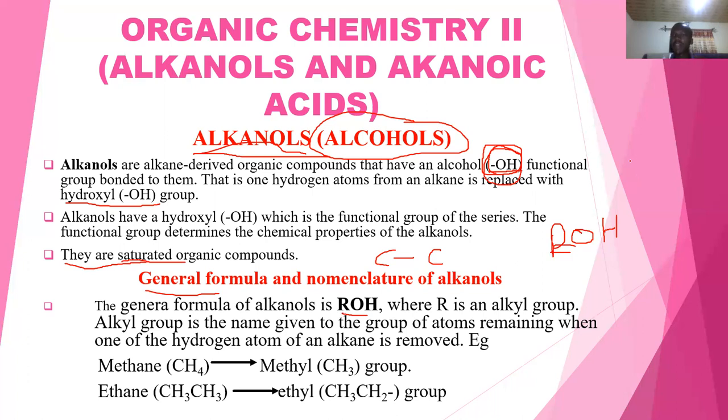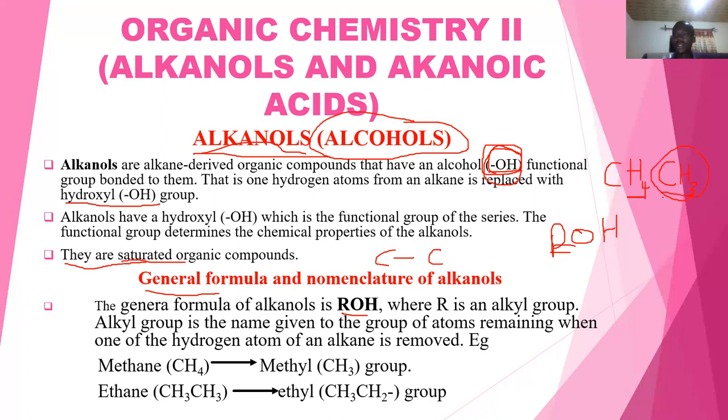If we remove one hydrogen atom from methane, we have CH3. This CH3 is the alkyl group, which is the methyl.